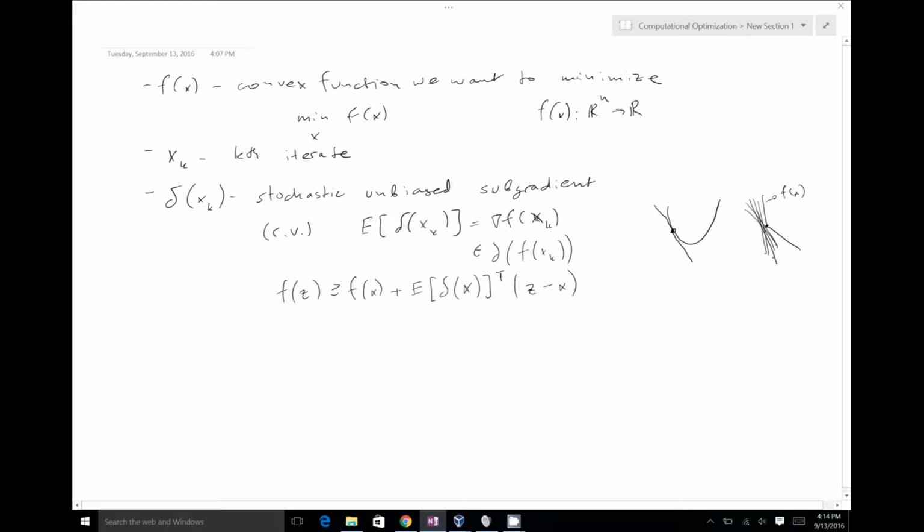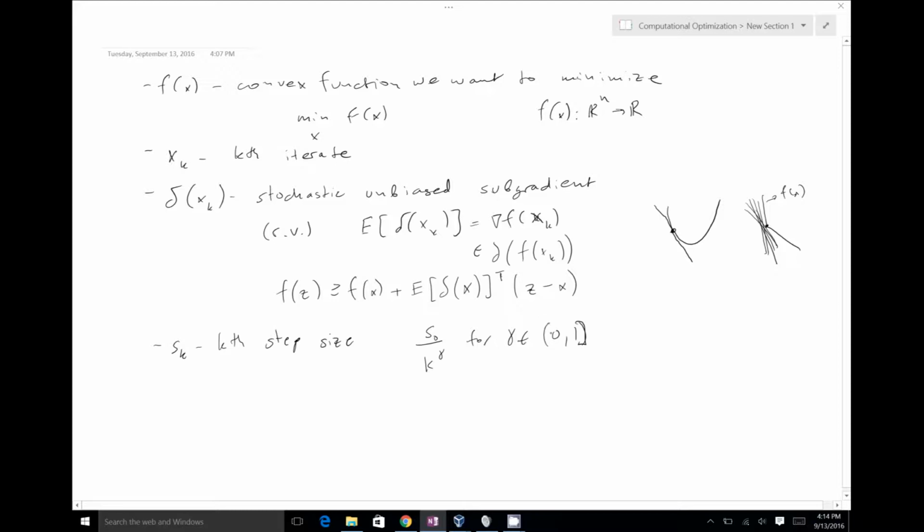Okay, so we'll let s_k be the k-th step size, and let's define it like this: s_0 over k to the gamma, for gamma in (0, 1]. The left-hand side is open and the right-hand side is closed.